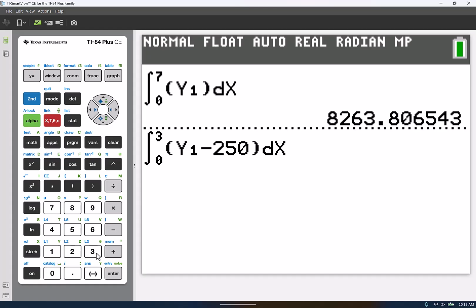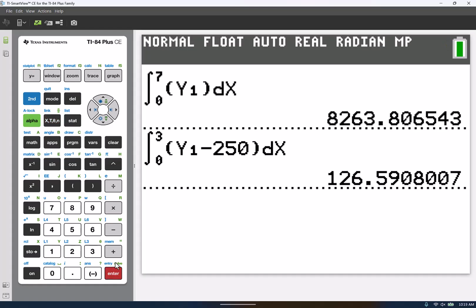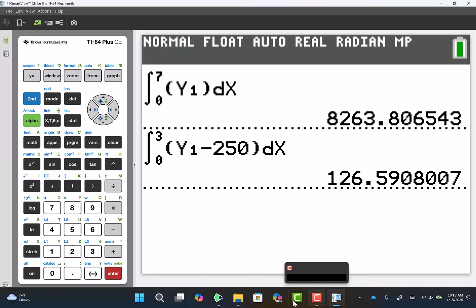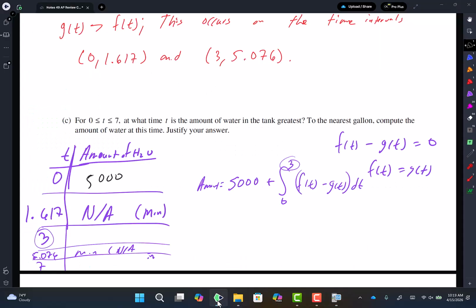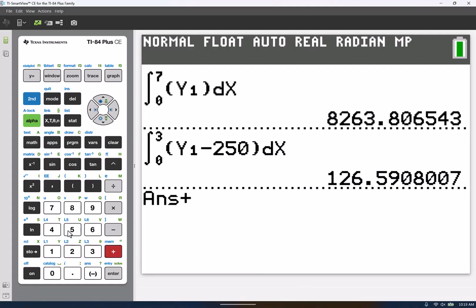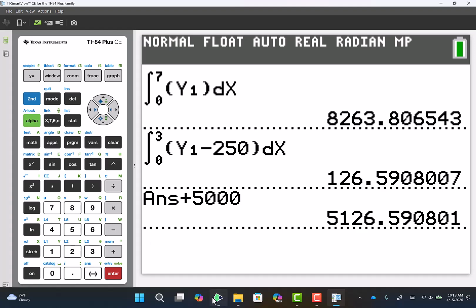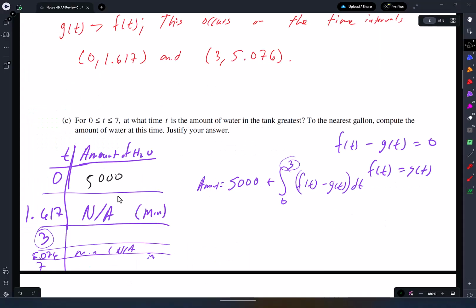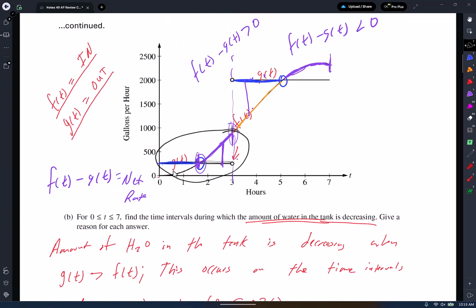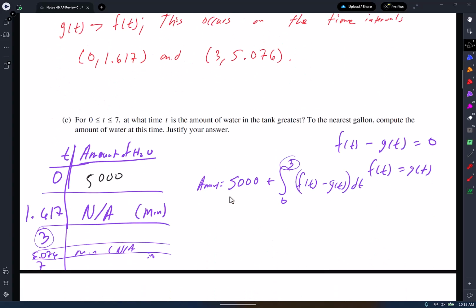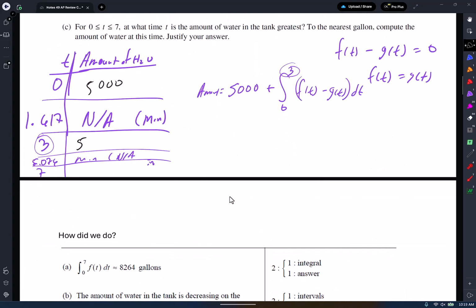Are we okay, guys? Enter. So there it is, 126.591 gallons. Wait, oh, I got to add 5,000. That's the rate, Miss. That's what's coming out. The piecewise function. Oh, 254. Yeah, F of T minus G of T. That's the rate between 0 and 3. Yeah. So hook me up with the number again. I already forgot it.